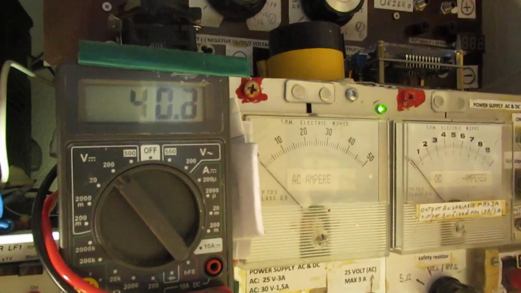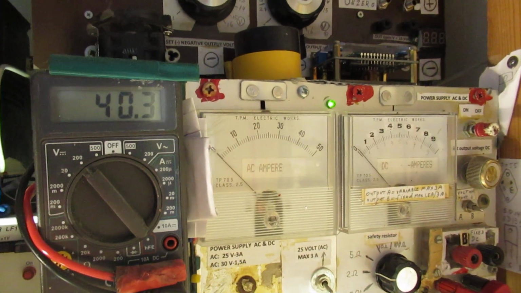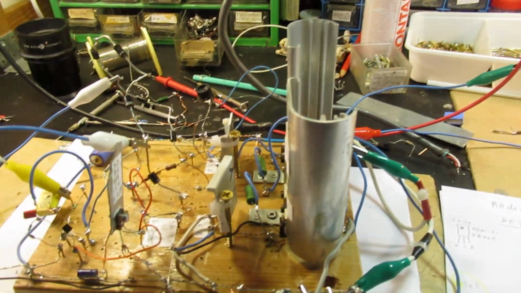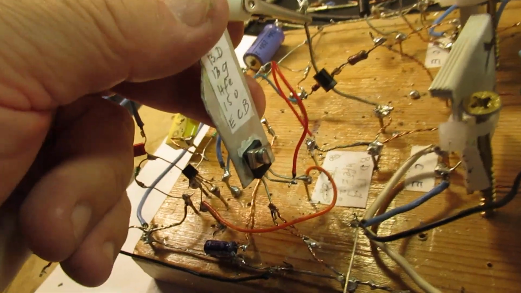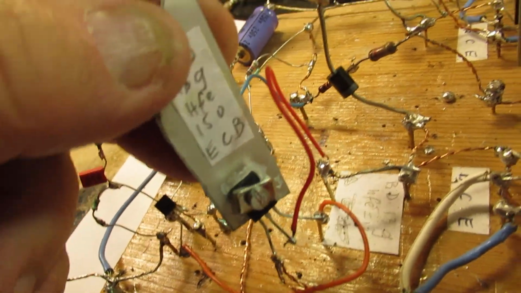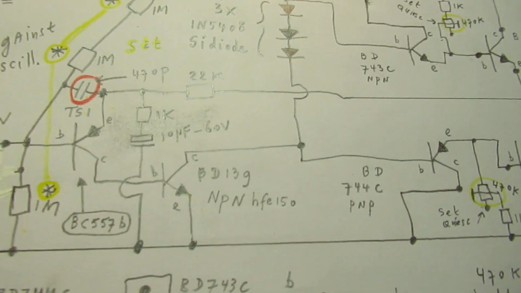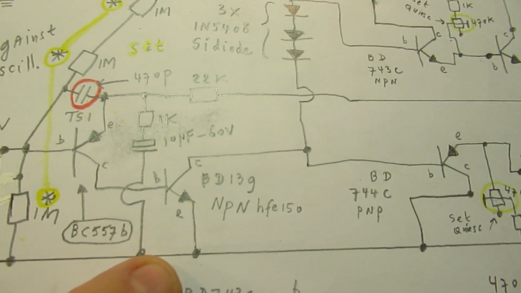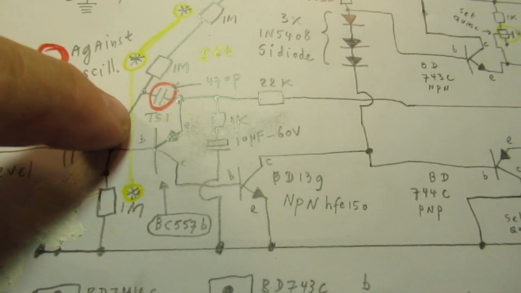We are now on 40 volts. The circuit works between 24 volts and 40 volts. And I had to use here a BD139 as a driver transistor, because the original transistor, the BC547B, got too hot, but I left this transistor in the circuit.